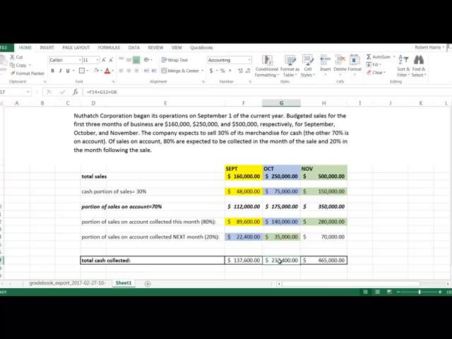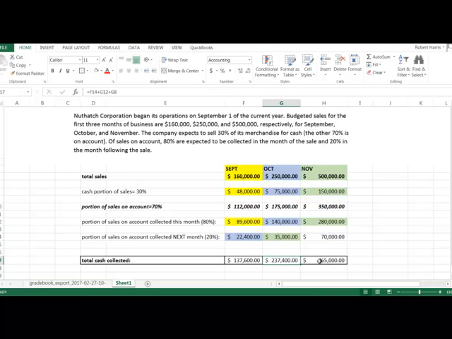For October, it's going to be all the blue ones. So this one plus this one plus this one. And for September, it's just going to be all of the yellow ones. We didn't have any cash coming from the previous month because this was our first month of operations. And so those are the totals for each month.